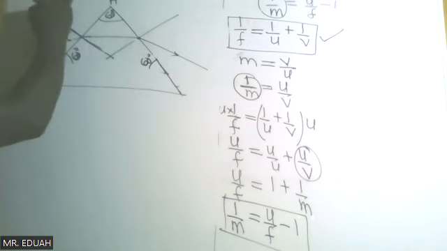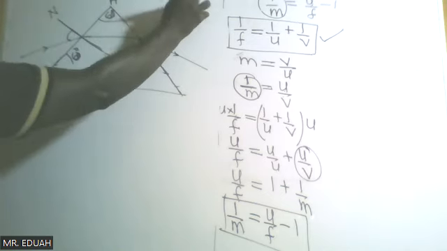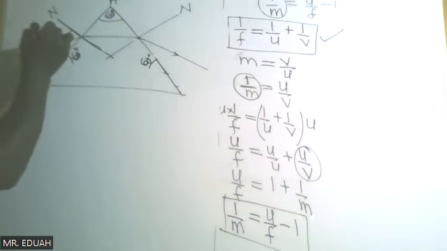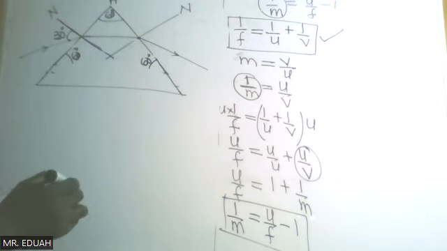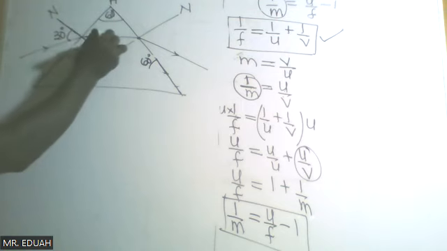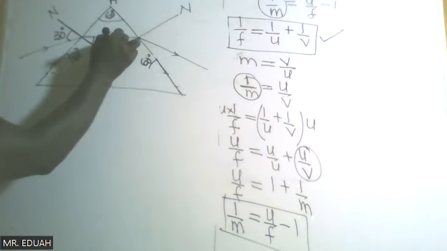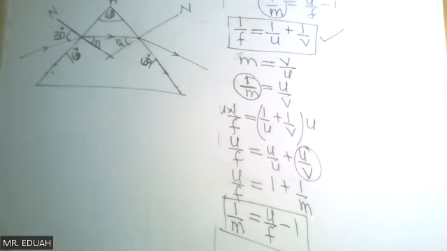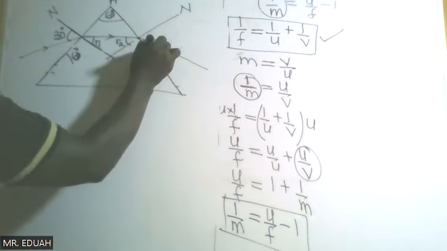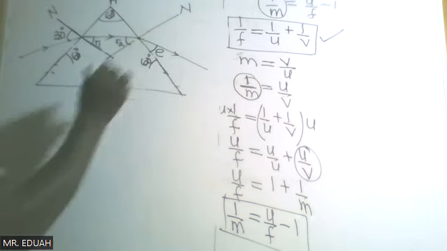This is the normal, so 30. This is R1. This is R2. Then this is E.